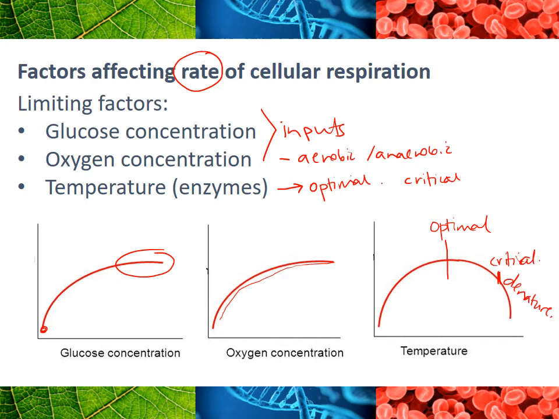So remember, the proteins will change their shape. Let's say, for example, our FAD now changes shape and cannot pick up the hydrogen anymore. Okay, so they're examples of when these things will stop working and the process will eventually stop. So note that difference between the different limiting factors.